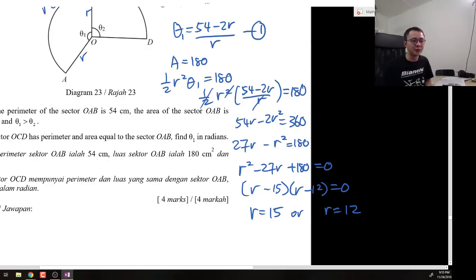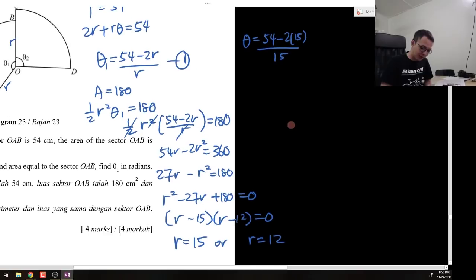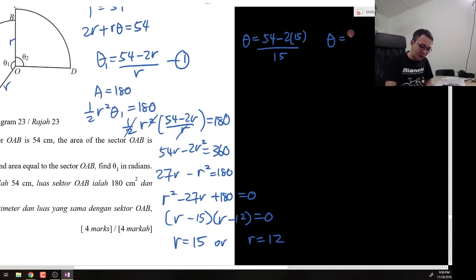Alright, so what I'm doing here is I try to substitute this value back into my theta here. So I'm going to call it theta first because I substitute 2 into here. So (54 minus 2 times 15) over 15, or I substitute 12 also. Theta equals (54 minus 2 times 12) over 12.